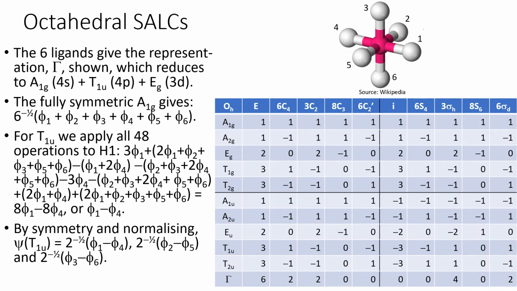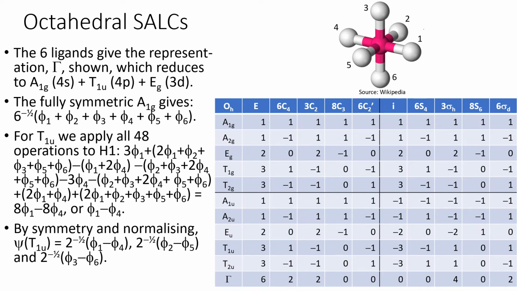And so really that guides us to what we would get if we select other ligands. For example, we'd get phi 2 minus phi 5 and phi 3 minus phi 6. And then you could say, well, why not start with phi 4, phi 5 and phi 6? In fact, all that would give you is just a reproduction of these three functions, except with a minus in front of them.